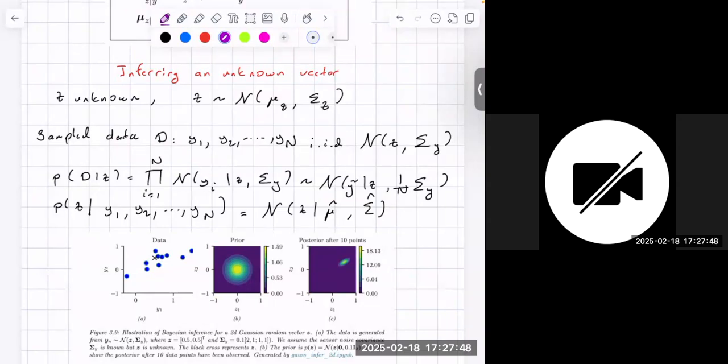You're trying to locate something. Okay? All right. And then for now, since we have no idea about Z, you will put a crazy prior on it. You'll put a huge covariance and some mean, let's say 0. Okay? So this is your prior on Z. Since I have no idea, I put a huge variance. It could go all over the place. Okay? This is my prior.